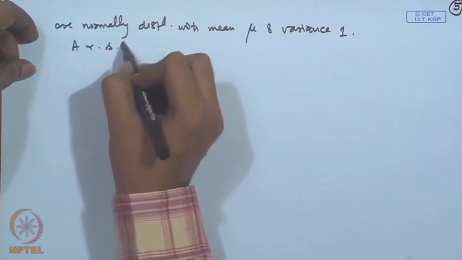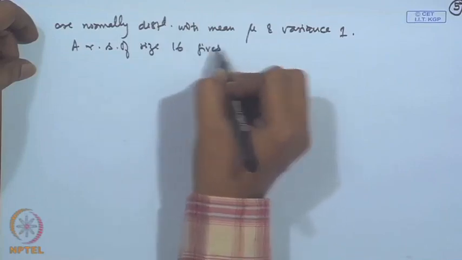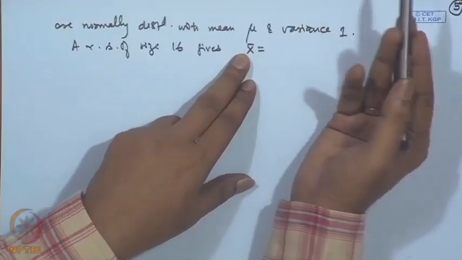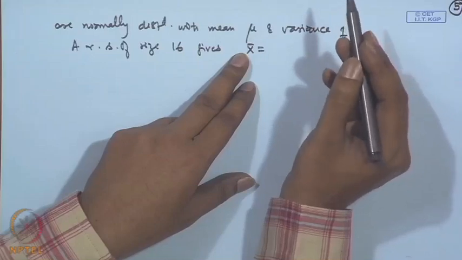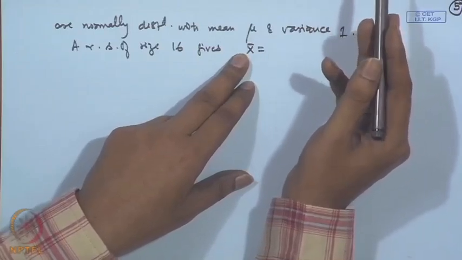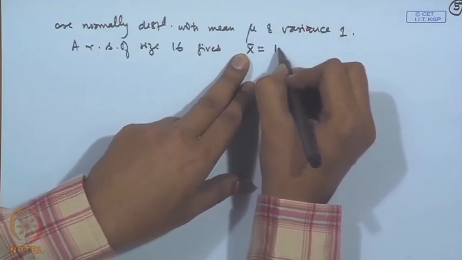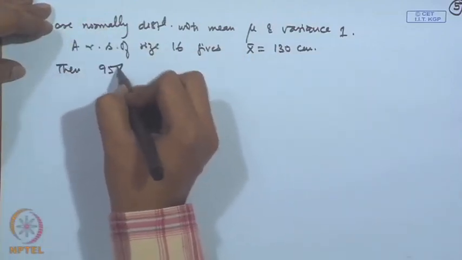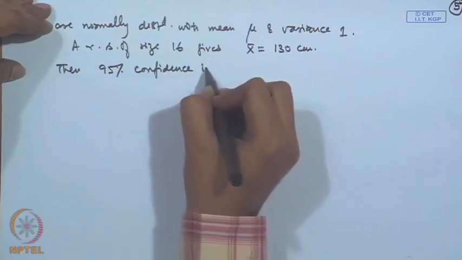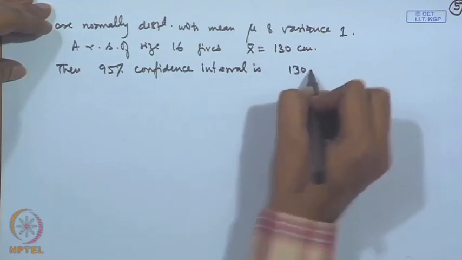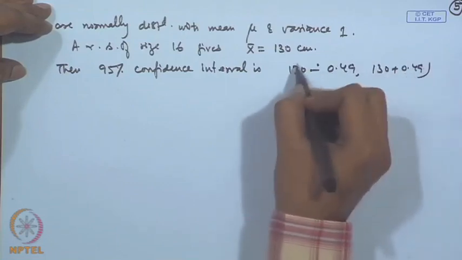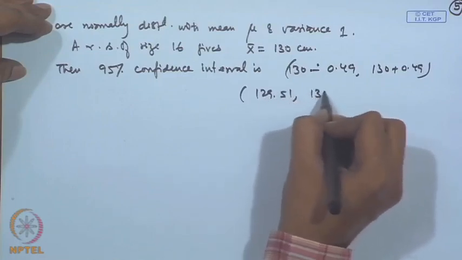A random sample of size 16 gives say x bar is equal to the observed value of x bar, suppose it turns out to be, so in class 5 we may assume something like say 130 centimeters, then the 95% confidence interval is 130 minus 0.49 to 130 plus 0.49, that is 129.51 to 130.49.